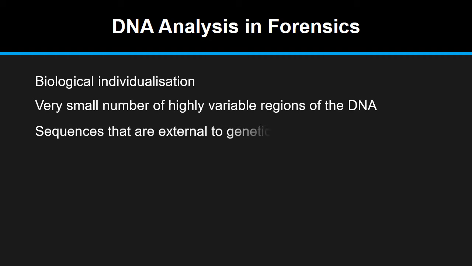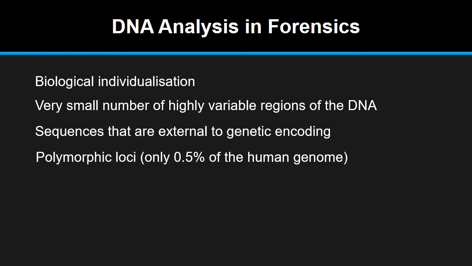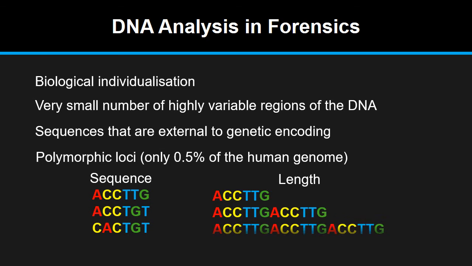Also, forensic analysis favors DNA sequences that are external to the genes and are not believed to encode biological traits. The techniques used in this field exploit those places in the genome known as polymorphic loci, which exhibit detectable variations. These variations can be in terms of the sequence of DNA bases or in terms of length.